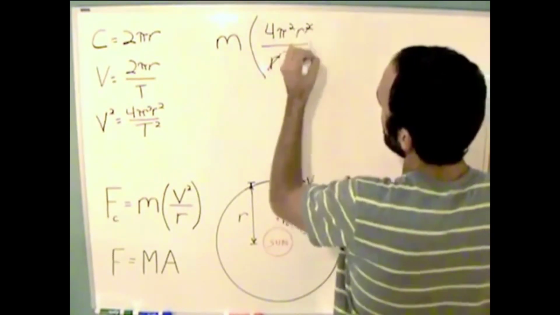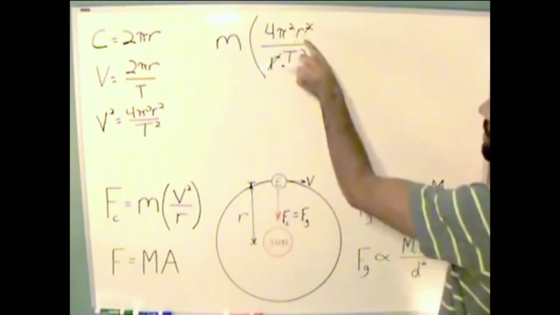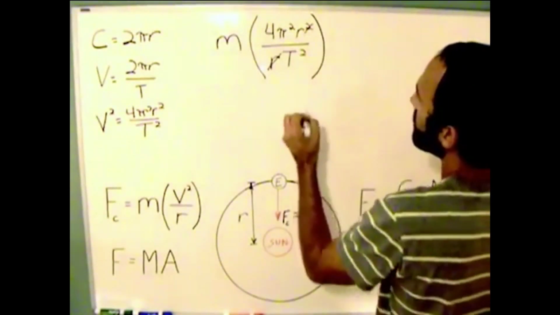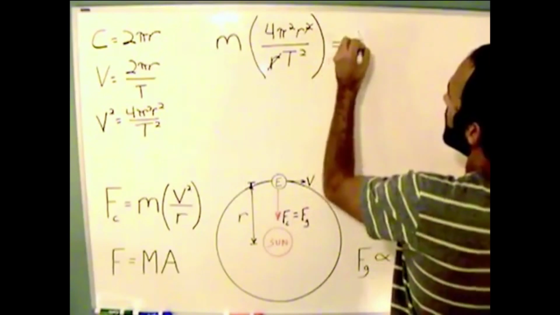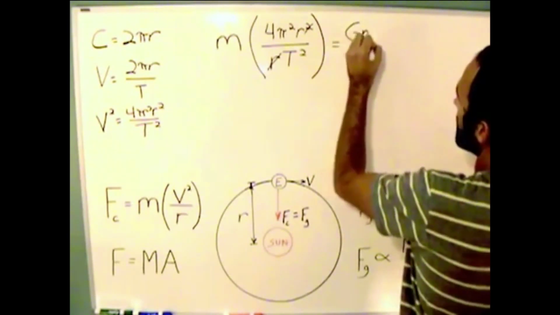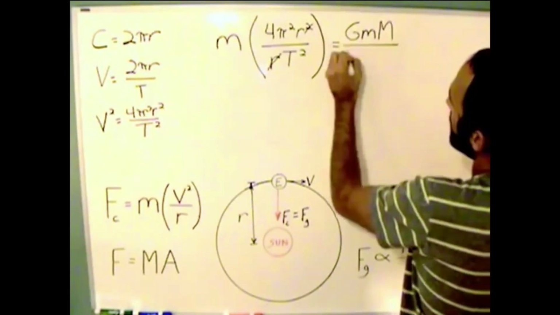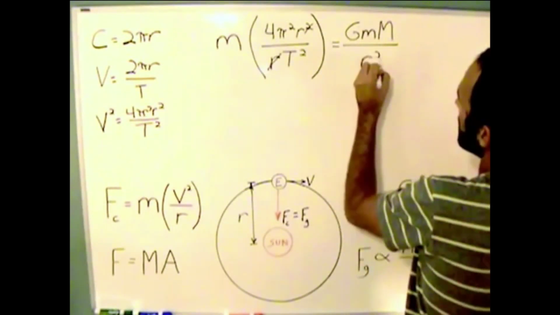This r cancels and that r cancels, so you get 4 pi squared r over the period squared, or big T squared. Then set that equal to big G times little m times big M, mass of the sun, divided by r squared.